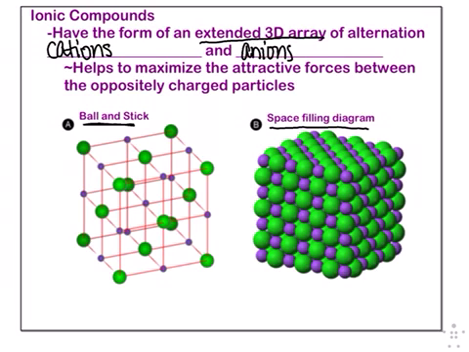In the ball and stick method, these red lines right here are showing the bonds between the ions. Whereas in the space filling diagram, they don't draw the bonds or the positive-negative attractions between the ions. Does that make sense? They save space. Sometimes this extended 3D array is referred to as a crystal lattice. You'll probably see that word come up a couple times.